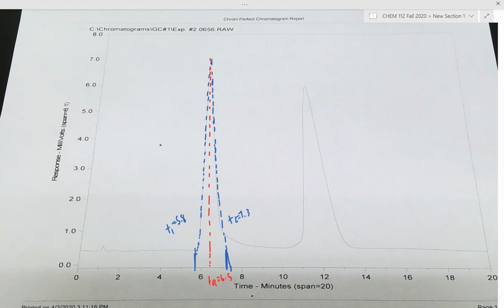Now that we have the retention time, we can calculate our width by taking T2 minus T1. So our width is here. We know that our height is about 6.5. So 1/2 height would be about 3.25, which looks like it's about here.